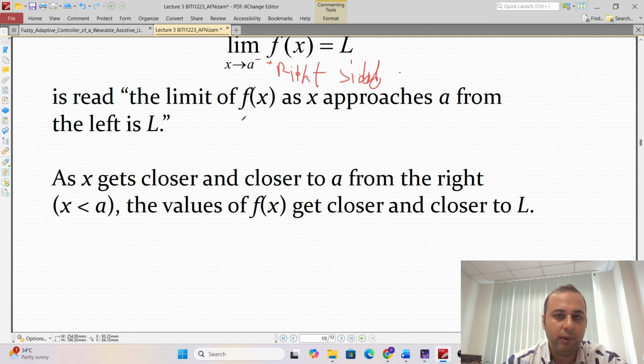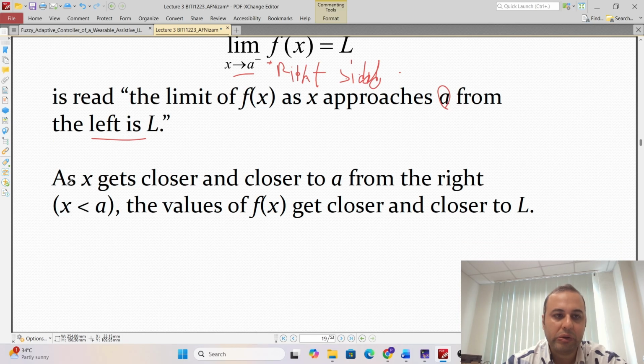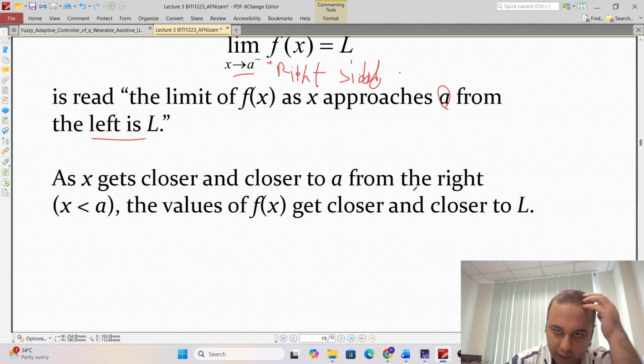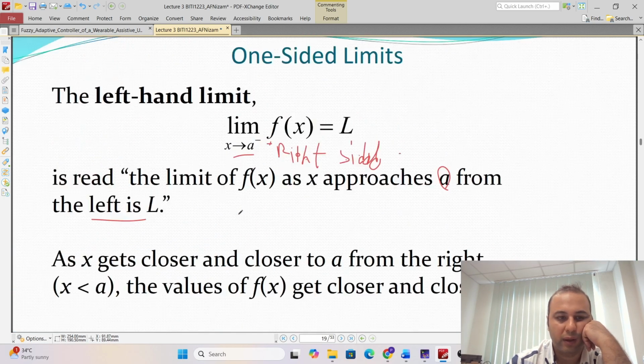How do we read the limit of f(x) as x approaches a from the left side? As x gets closer and closer to a from the left side, x is less than a, because it is going to a from the left side.